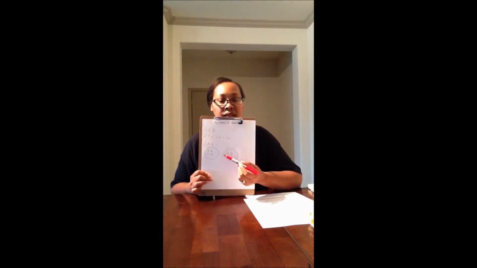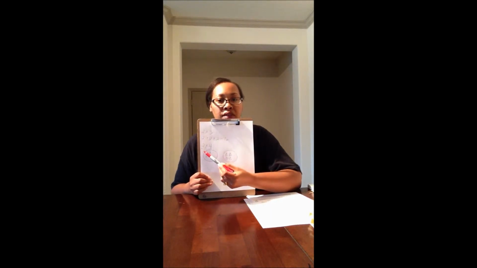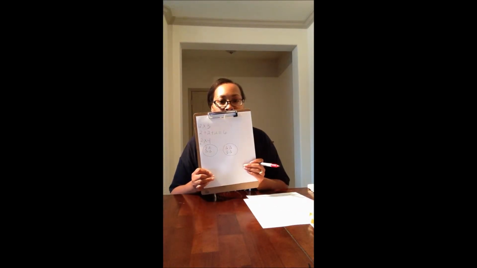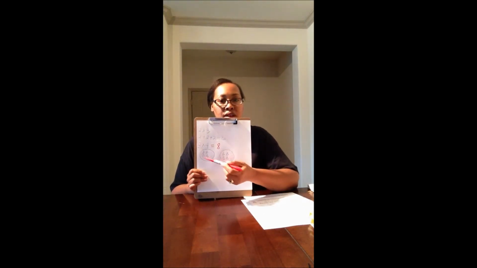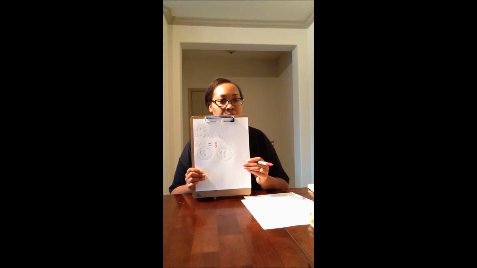So we have 2 equal sets of 4. And let's count our triangles to see the answer to the problem 2 times 4. 1, 2, 3, 4, 5, 6, 7, 8. So, that tells us that 2 times 4 is equal to 8. Right? This is how your example should look in your notes.